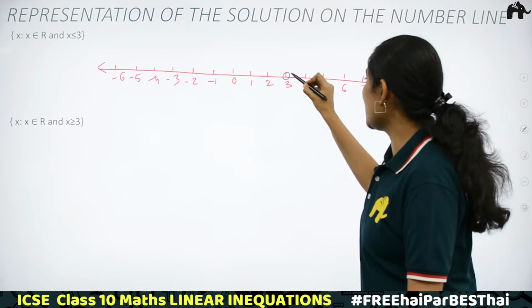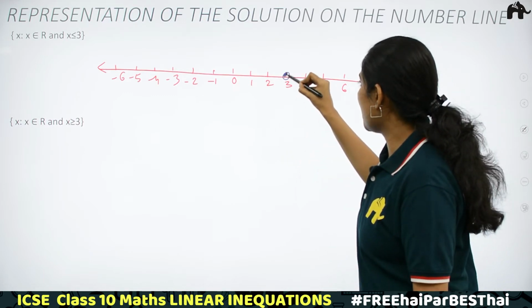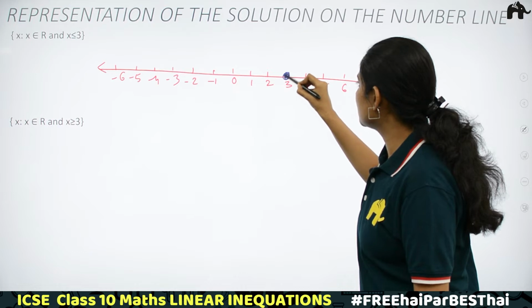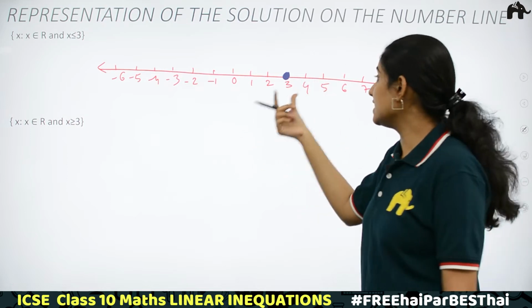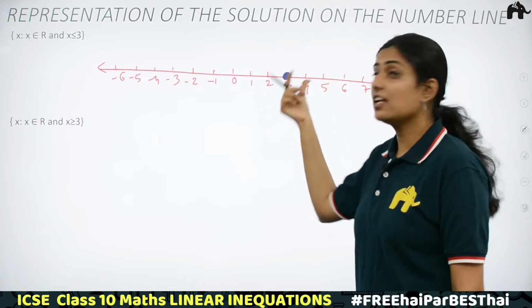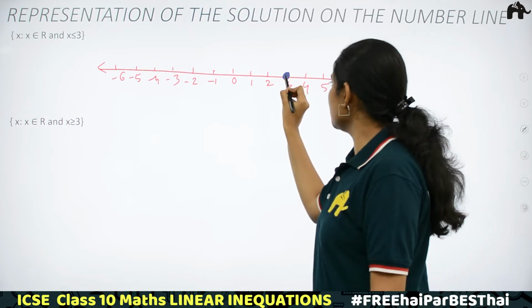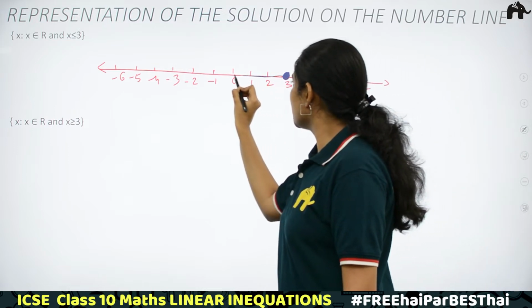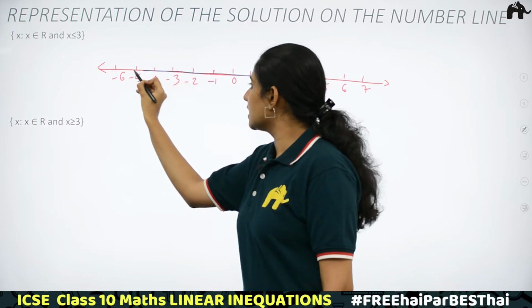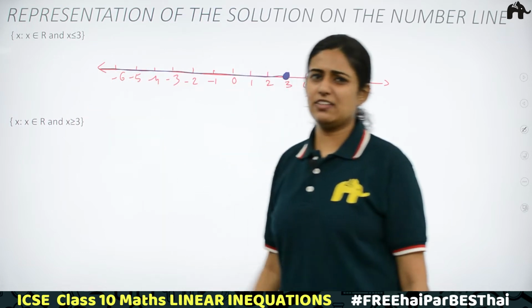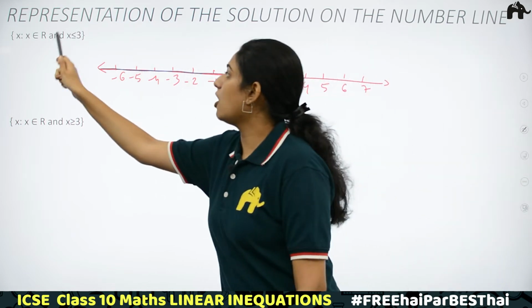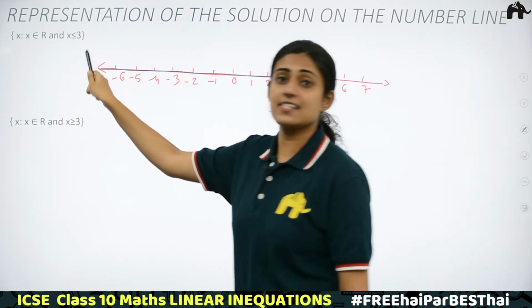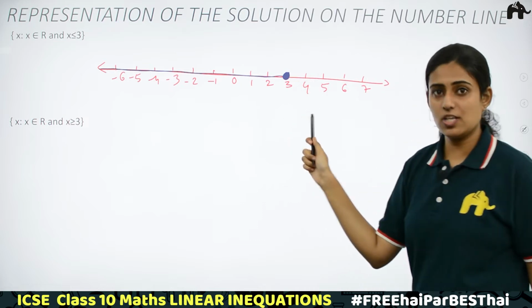Yes, we have to use the darkened circle, which means this point 3 is included. Any value of x that is equal to 3 or less than 3. Less than 3 means any point on this number line which is less than 3, up to negative infinity. We can extend this. Got it?